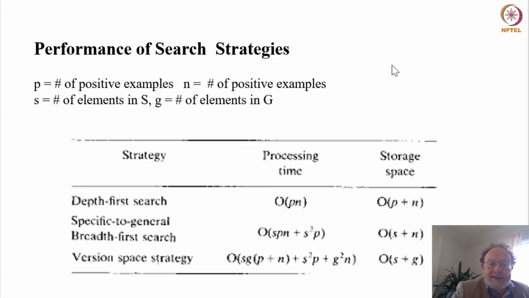If you look at this little table on the slide, and you look specifically at the storage space, you can see that for the version space strategy, when you look at the bottom right corner, the order of the storage space needed is only proportional to the number of elements in the hypothesis space.